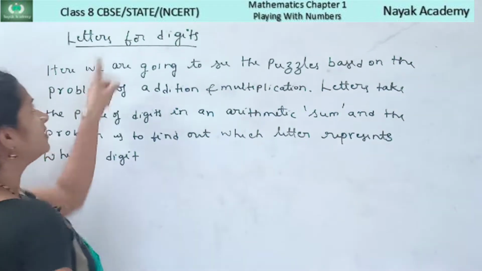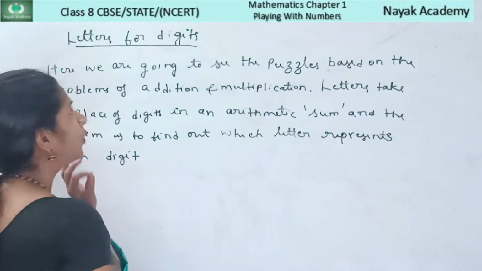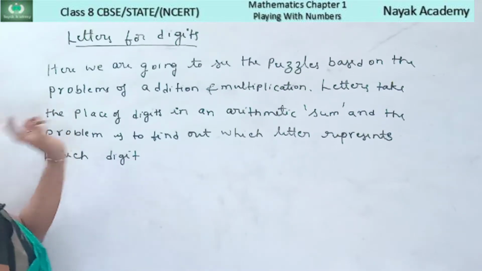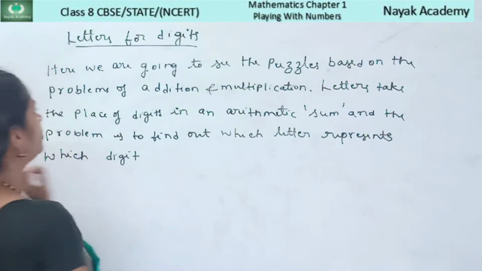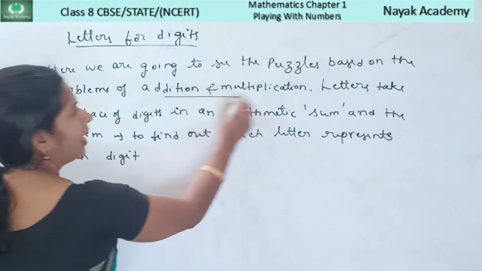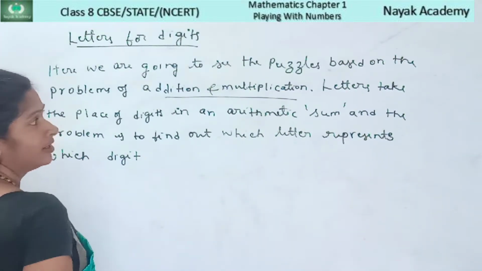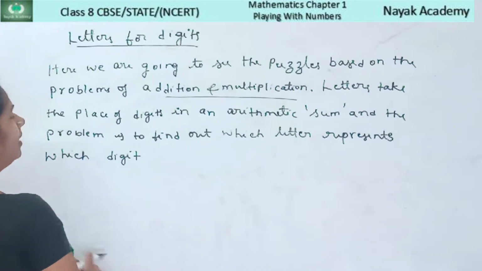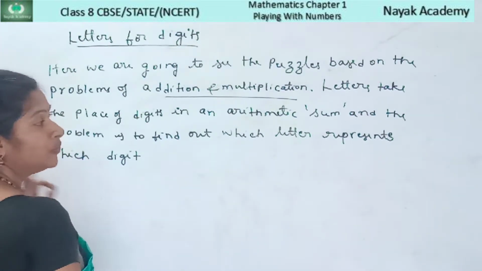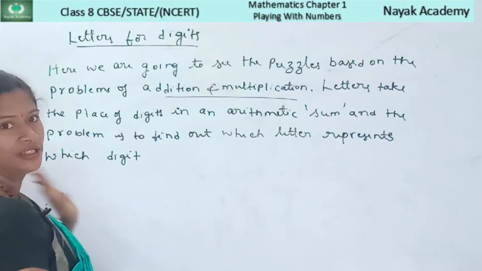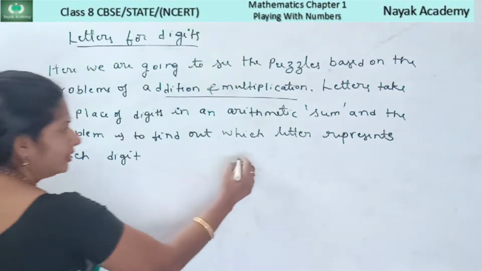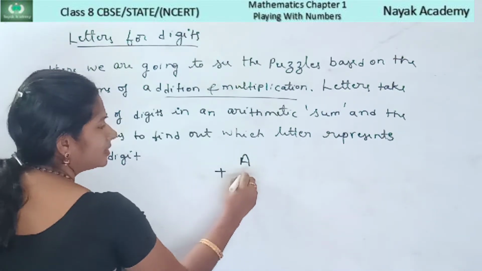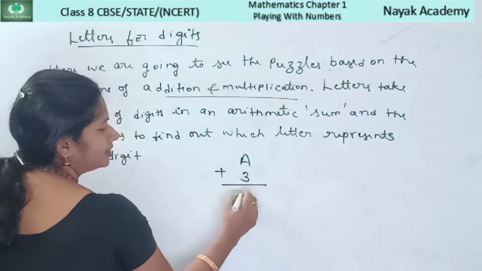Now let us discuss letters for digits. What do we mean by letters for digits? Here we are going to see puzzles based on the problems of addition and multiplication. Let us take letters in the place of digits in an arithmetic sum, and the problem is to find out which letter represents which digit. For example, children, a plus 3 equals 7.